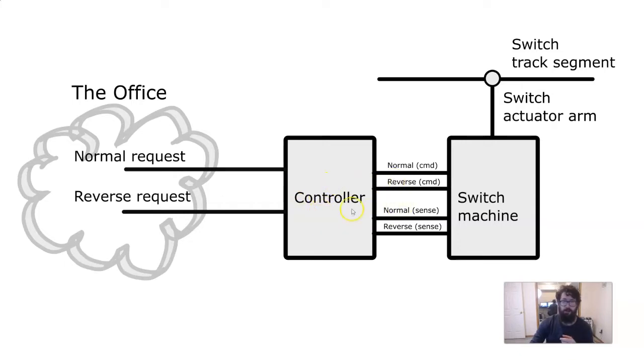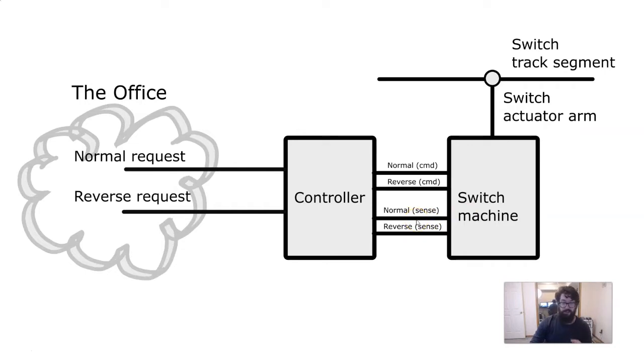If it is, it's going to send a command to the physical switch machine, which is basically an electric motor, to tell it to move its arm, which moves the points on the track to the desired position. If that switch machine sees that the arm brought the track to the desired position, it's going to set its sense feedback to the controller to indicate that it's arrived.